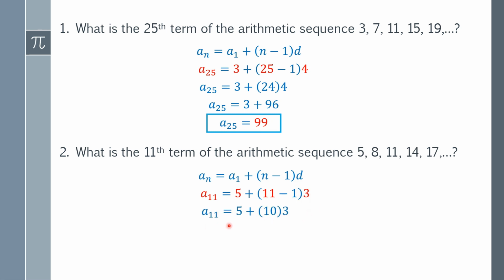A sub 11 is equal to 5 plus 11 minus 1, which is 10, then bring down the 3. A sub 11 is equal to 5 plus 10 times 3, which is 30, and the final answer for a sub 11 is 35. So our 11th term for this sequence is 35.